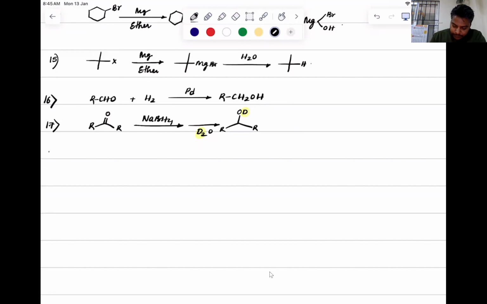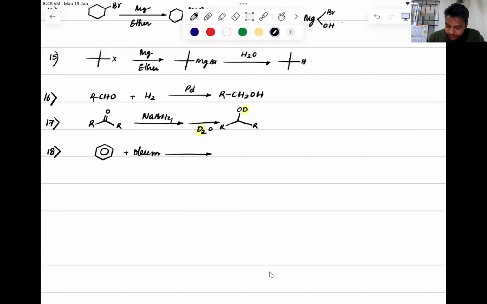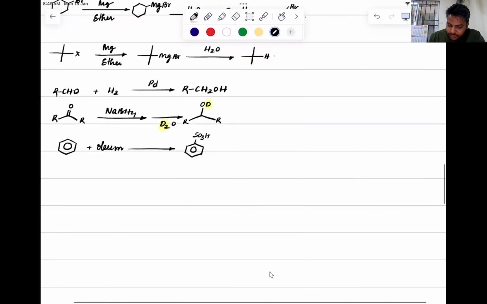Next, the 18th one. If you notice, benzene, when you treat it with oleum, you'll directly do sulfonation, giving SO3H.